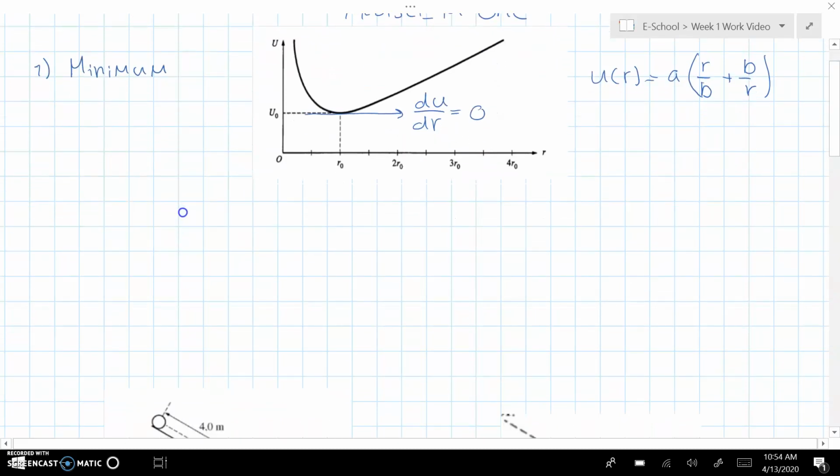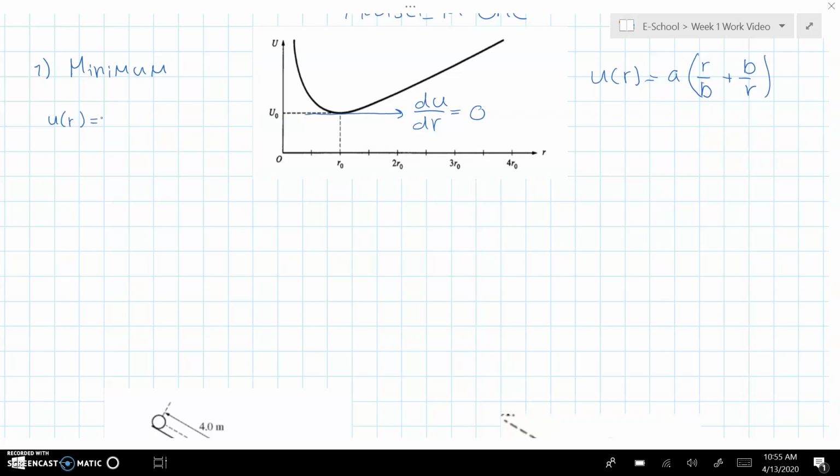All right? If we want to calculate the derivative of U with respect to r, we're going to rewrite U of r. I'm going to distribute the A and bring the r's out and raise that 1 over r to the negative 1. Only reason I do that is I just enjoy taking derivatives of polynomials rather than derivatives of fractions. Okay, just a personal preference.